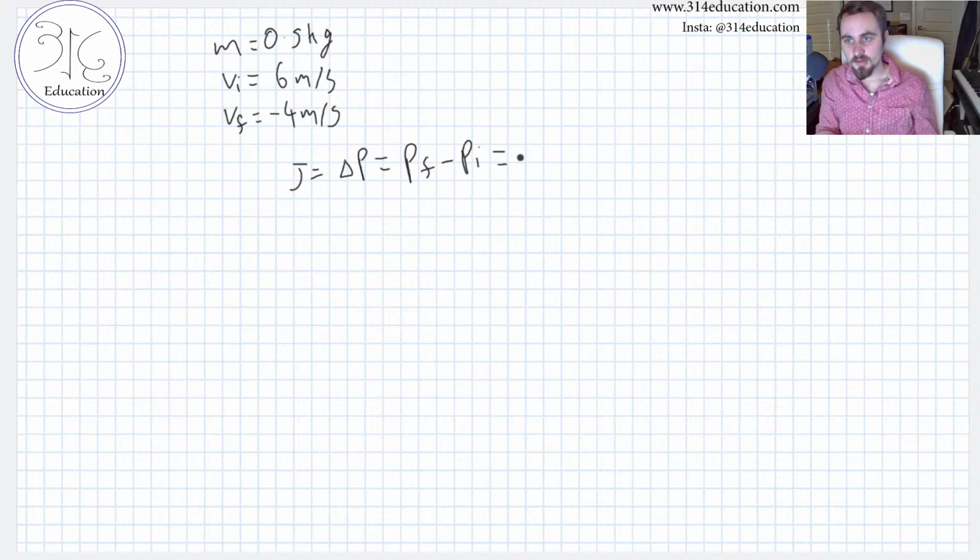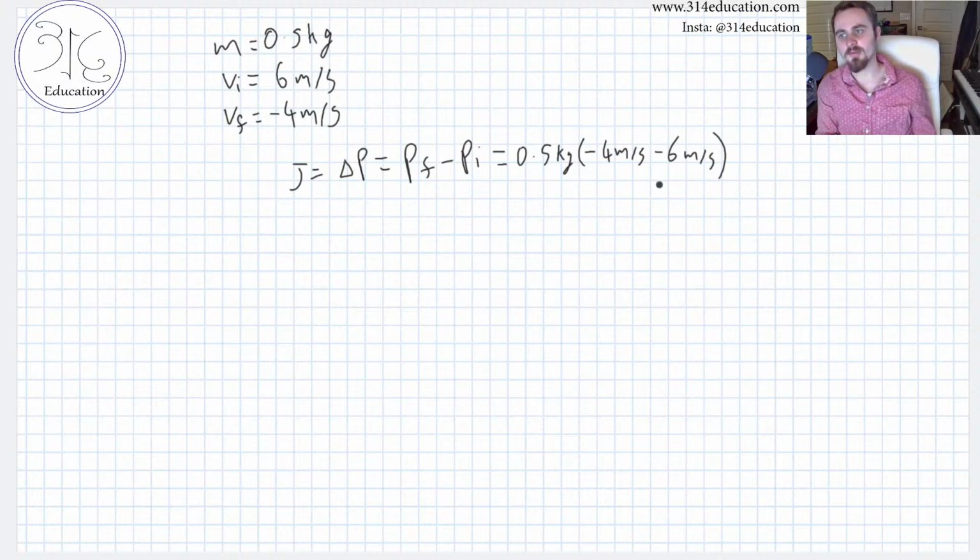In this case, that would be our mass, 0.5 kilograms, times our final velocity, negative 4 meters per second, minus our initial velocity, which was a positive 6 meters per second, but we include the negative because we're subtracting it, right? That's this minus there. Cool.